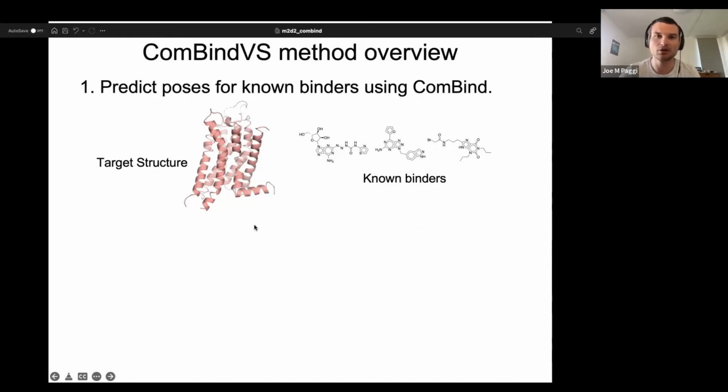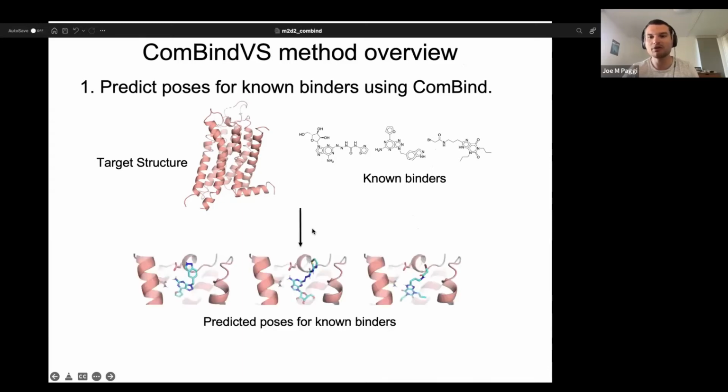This method, which we call Combine VS, proceeds in a few phases. In the first phase, we simply use Combine to predict poses for our known binders. So at the end of this phase, we end up with a set of poses for our three known binders.